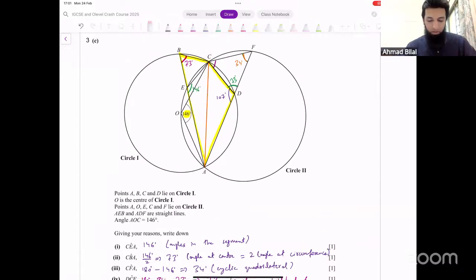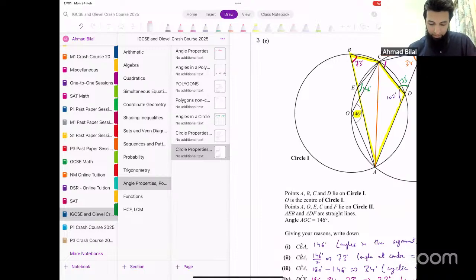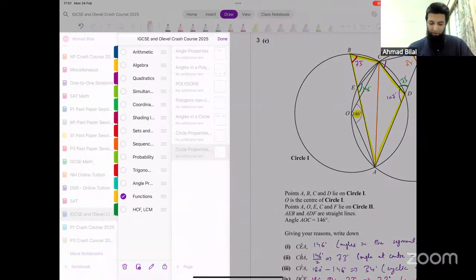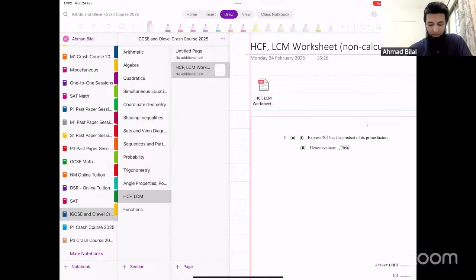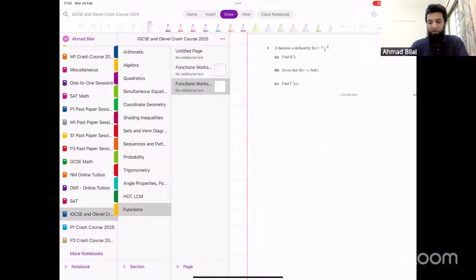Now let's move on to the next thing that we want to do today, since we have only around 25-30 minutes left. What I'll do is I'll do the bigger topic first amongst the 2 that I was thinking of doing today. One was HCF LCM and the other functions. Functions is fairly straightforward. Its questions are also not that difficult.